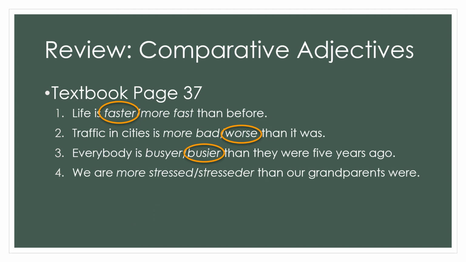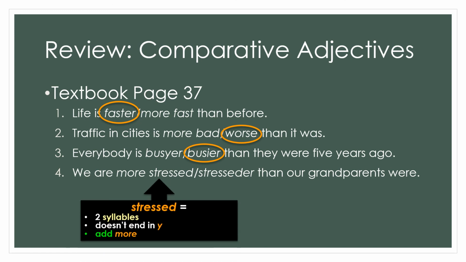Number 4, we are more stressed or stresser than our grandparents were. The adjective stressed is 2 syllables. It doesn't end in a Y, so we add the word more. We are more stressed than our grandparents were.